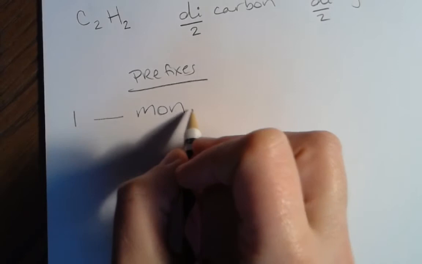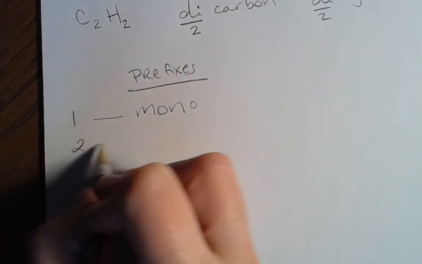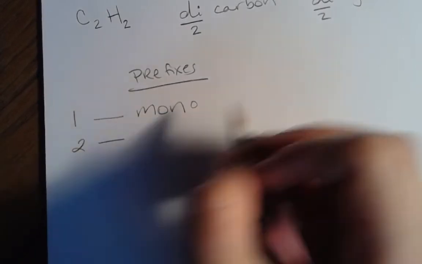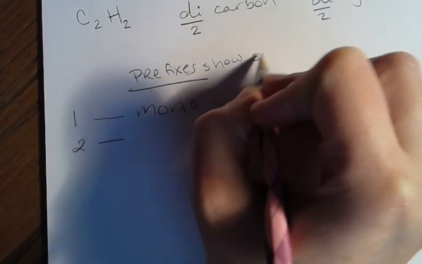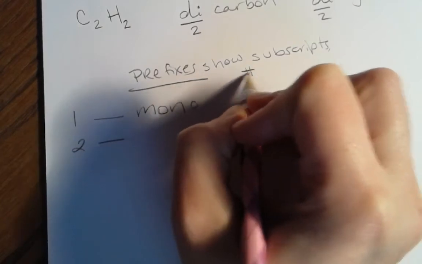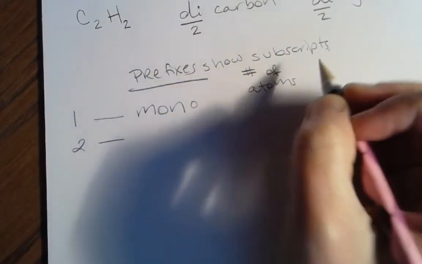Mono is your prefix for 1. For 2, we just did a whole bunch of stuff with 2 things. So prefixes show subscripts, which are the number of atoms in that molecule.